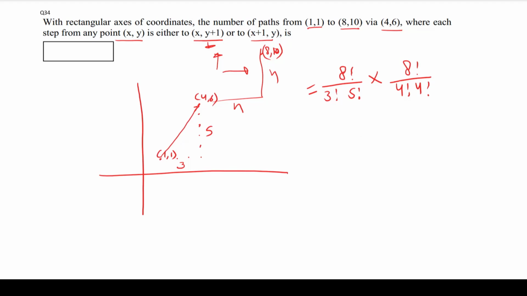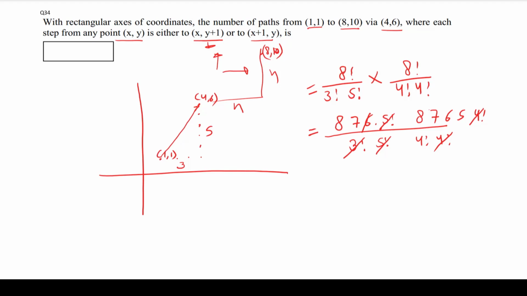So the total number of paths equals 8 factorial, that is 8, 7, 6, 5, upon 3 factorial 5 factorial, times 8 factorial, that is 8, 7, 6, 5, upon 4 factorial 4 factorial. So 5 will be cancelled, 4 will be cancelled, and 3 factorial and 4 factorial, 3 and 6 cancel.